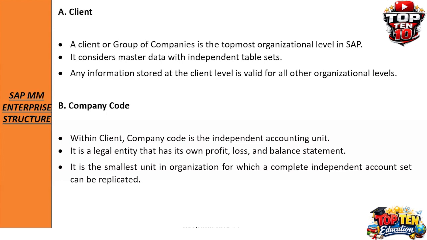If there is one client, client ABC, and it is a group of three companies, company A, company B, and company C, it will have master data, the principal or main data relating to the business of the client, in an independent table set. Means data of one company will be separate from the data of the other company. Data of company B will be separate from the other company. That is the meaning of having an independent table set.